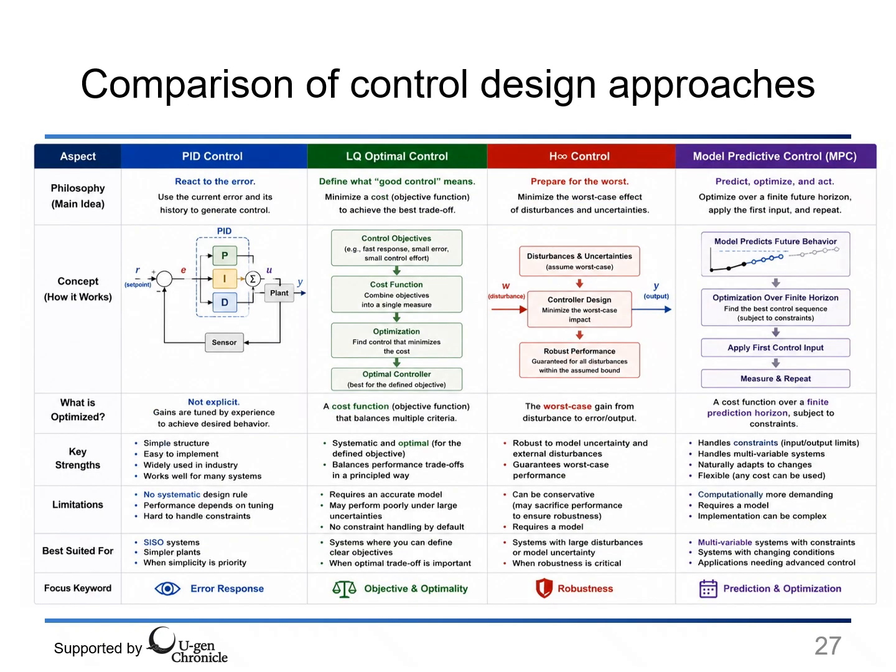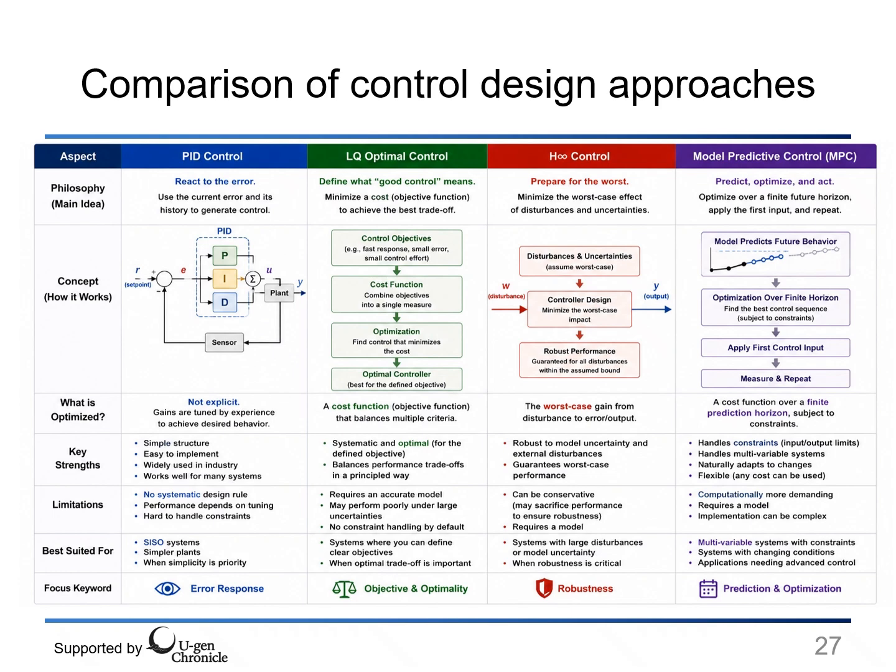So let's compare these four approaches. PID is simple, intuitive, and based on the measured error. LQ optimal control defines an objective mathematically, then finds the best controller for that objective. H infinity focuses on robustness against disturbances and uncertainty.